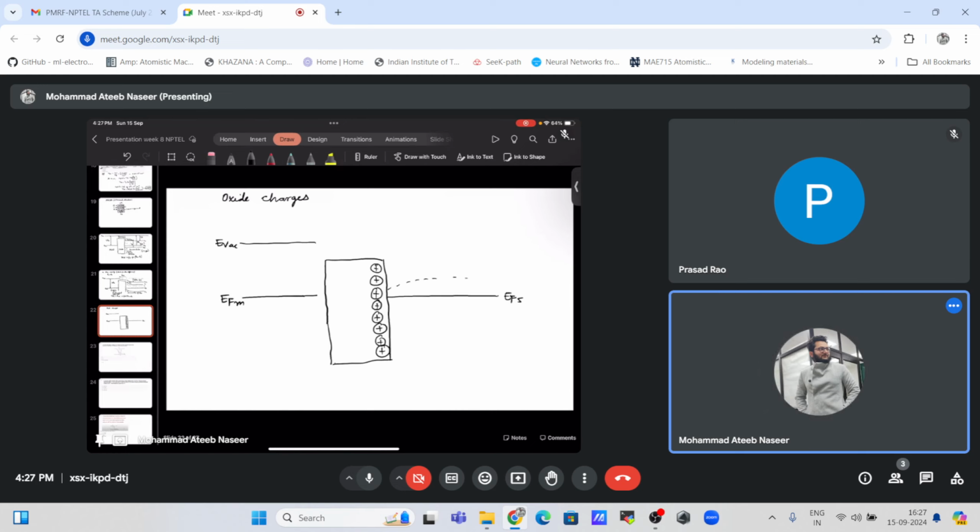Okay, so if this is the intrinsic Fermi level, this will be the conduction band edge, this will be the valence band edge, and we will have a field towards the semiconductor side itself, and this will be the vacuum level on the semiconductor side. Because of these positive charges, we will have negatively charged acceptor ions.